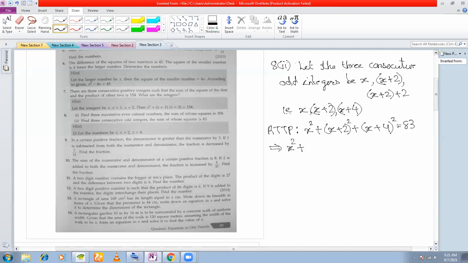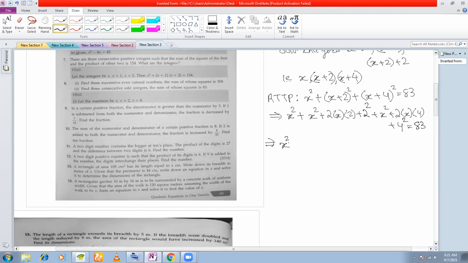First expand this, you get a square plus 2ab plus b square, plus a square plus 2ab plus b square. This is 2 square, not 4 square. Is equal to 83.